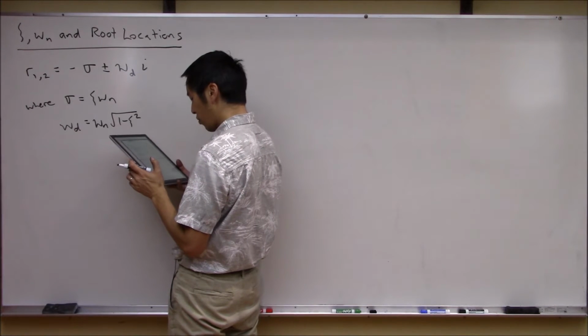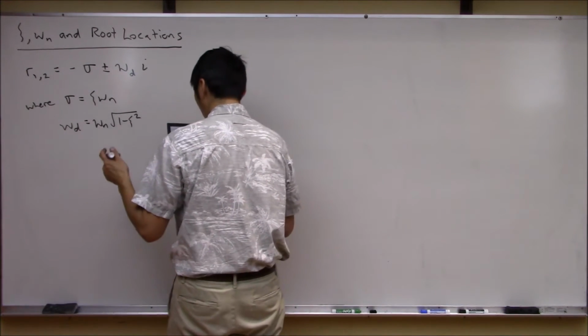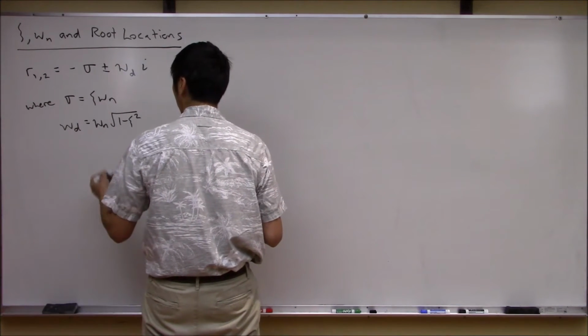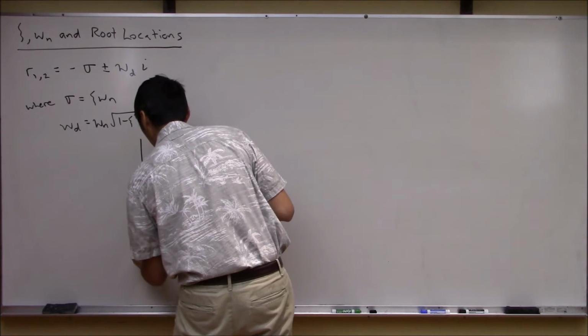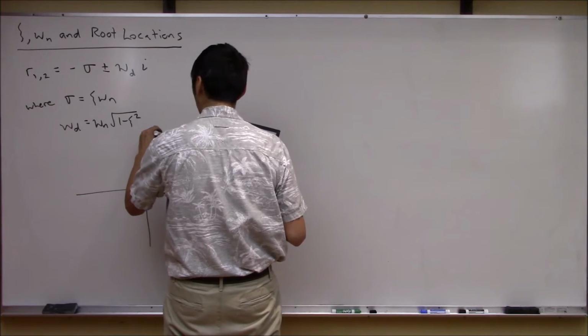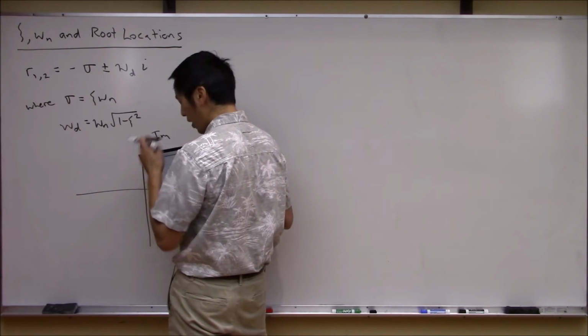What's interesting about this is, let's consider how the damping ratio relates if we wanted to look at a plot of the real and imaginary axes, and where these roots could be.